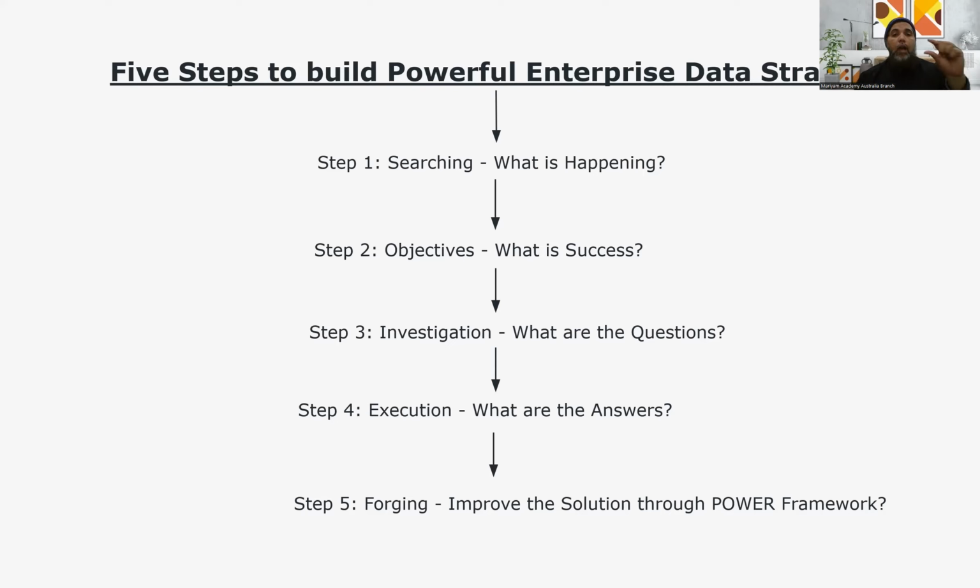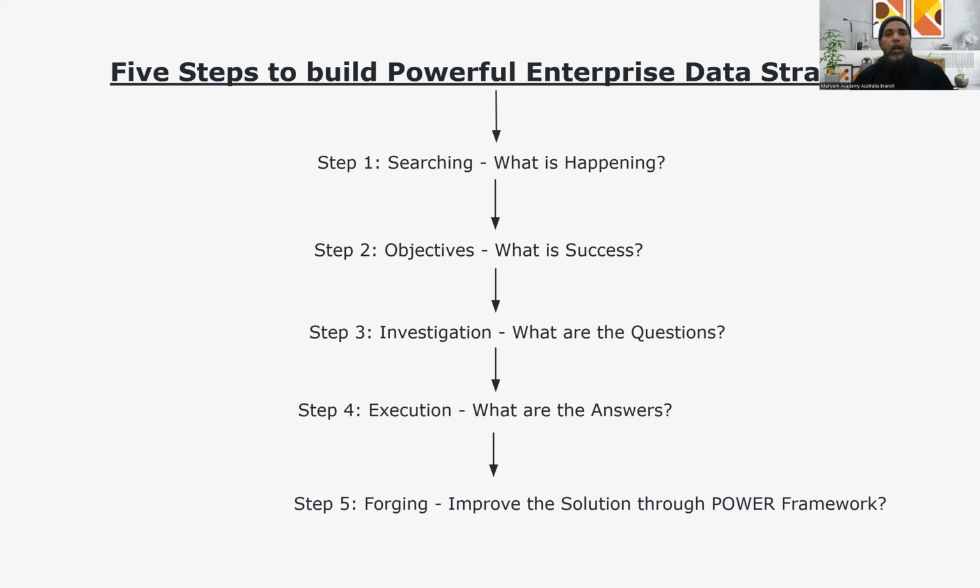And don't get me wrong, I'm not saying that you are not able to get value from your data. What I'm claiming here is that we are not getting the full outcome or full value of the data which we are expecting, or which is required to address the strategic requirements of the business.